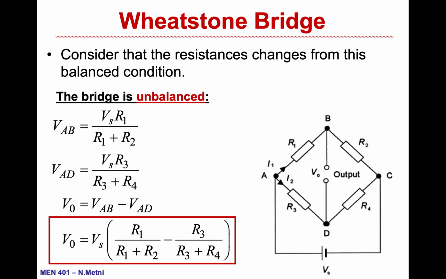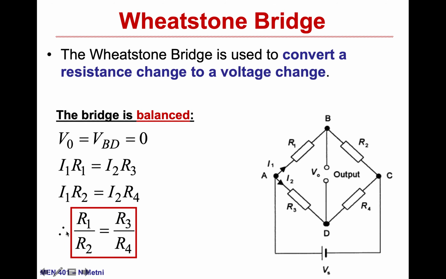So in this case, for example, I know that I have a resistance of 100 ohm when I have 25 degrees centigrade for this particular thermistor. What I will do, I will put R2 equal to 100 ohm, R3 equal to 100 ohm, R4 equal to 100 ohm, and in this case, this equation is verified, therefore my V out is equal to 0.